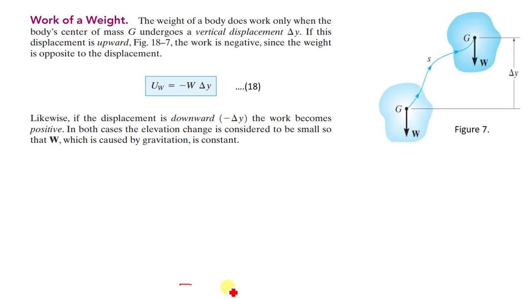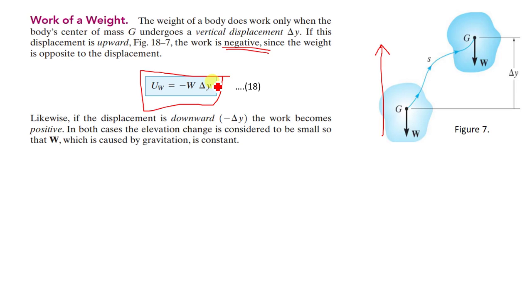So if this body is moving upwards, the work is going to be negative, and it's given by this formula. The work of a weight is just going to be UW, which is equal to negative W times Y. This W is simply the weight times the distance which the body has moved going up.